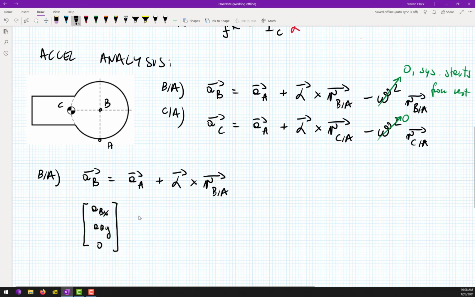Which one? Yes, because the trajectory of point B is this.